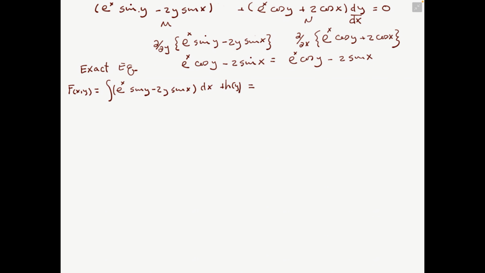So let's look at f of x, y. You can see these are getting a little more complex.